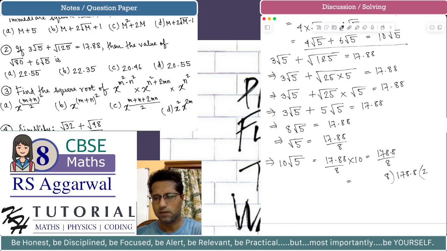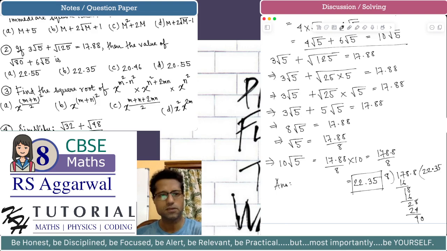We have 2, 16, 1, 8, 2, 16, 2, we have 28, we have 3, 24, and 4 and 5. So the answer is 22.35. This is the value of the given expression, that is square root of 80 plus 6 into square root of 5 is equal to 22.35. Hence the correct choice is B.